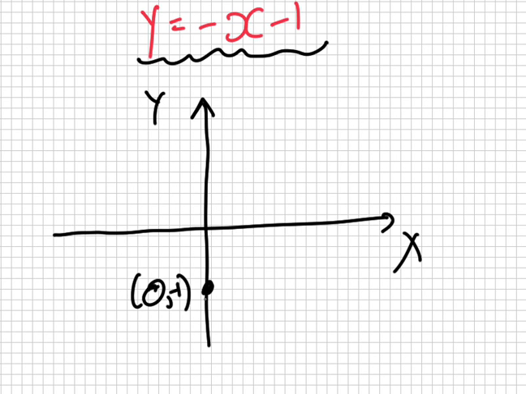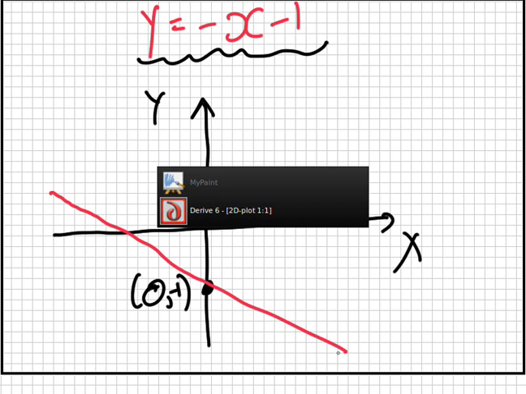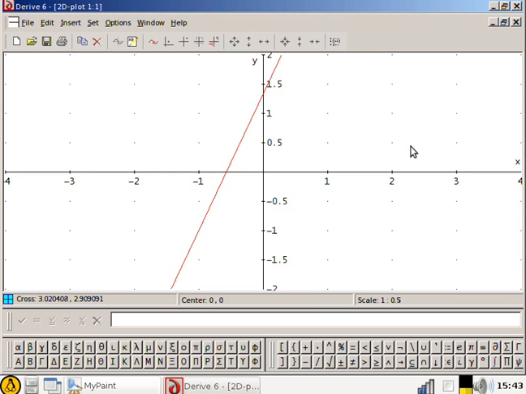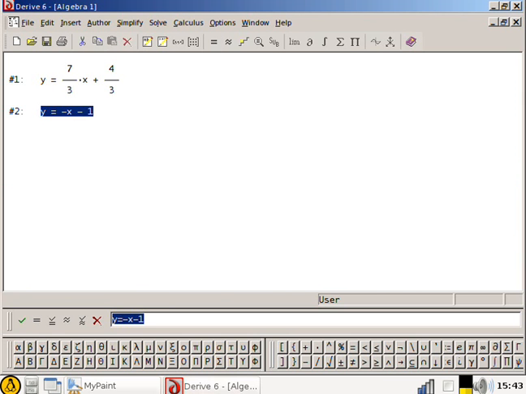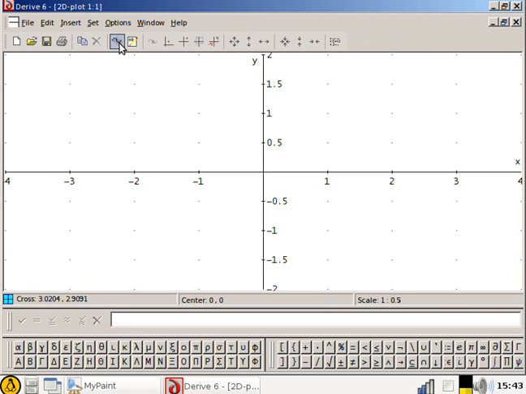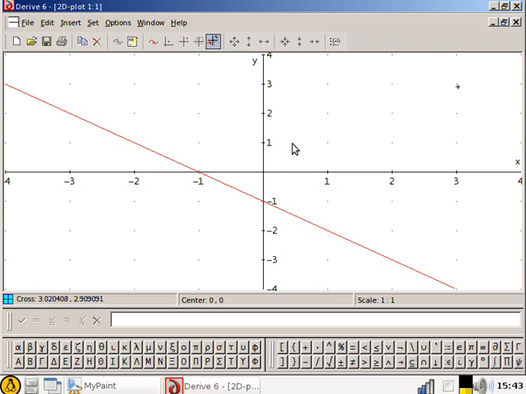And is the slope positive or negative? Negative. So does it go up or down? Down. So the line should look something like this, okay? Roughly something like this. So let's check it out properly. Y equals minus x minus 1. And you see, there it is. Okay, so it's the same.